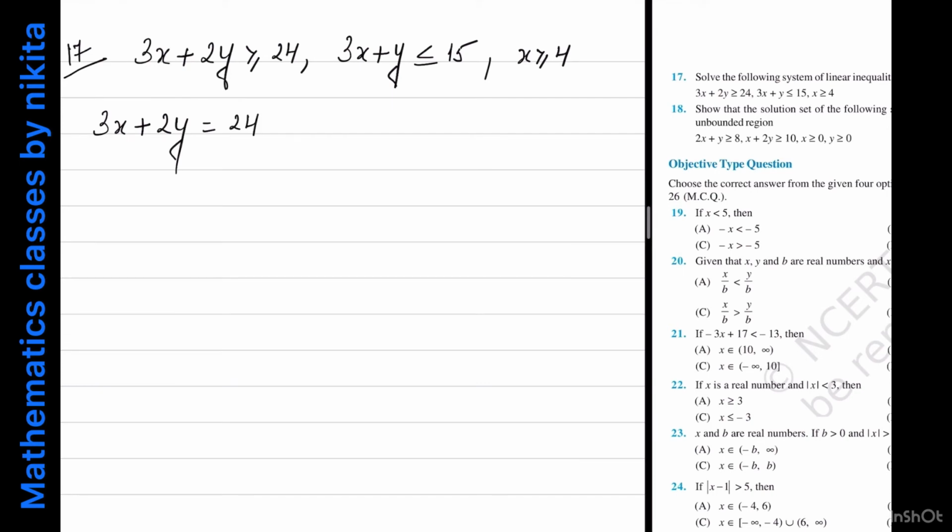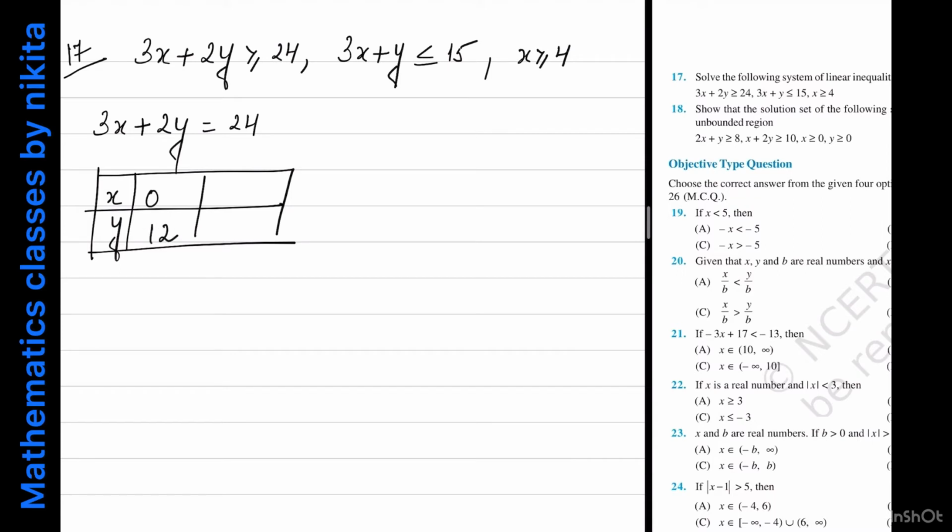And you can quickly take the points, you can calculate in your mind also. When x is 0, your y will be 12, and when y is 0, your x will be 8. And for the second line, so I am writing the second line also simultaneously, 3x plus y equal to 15.